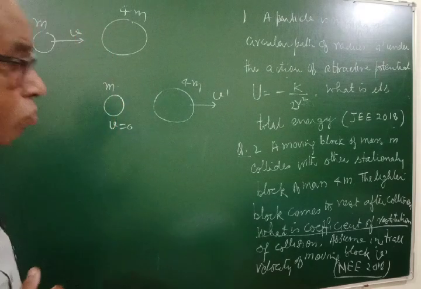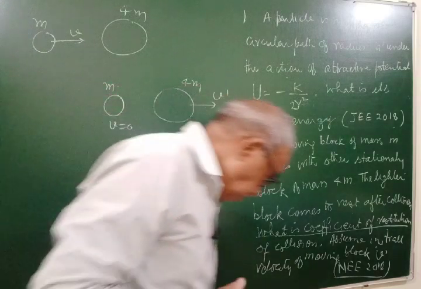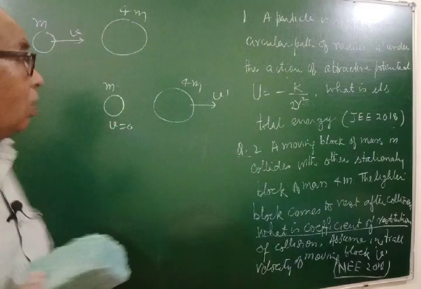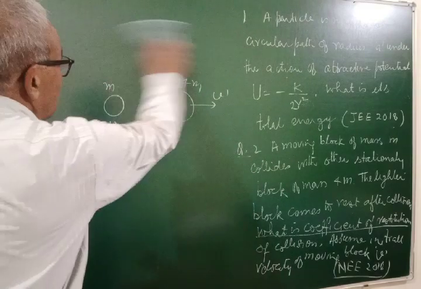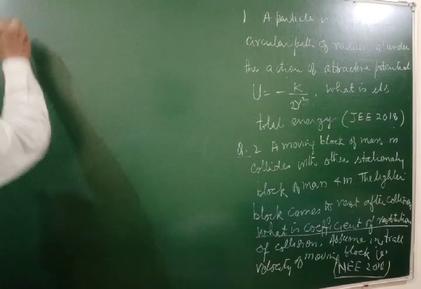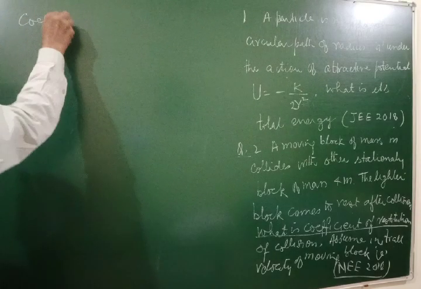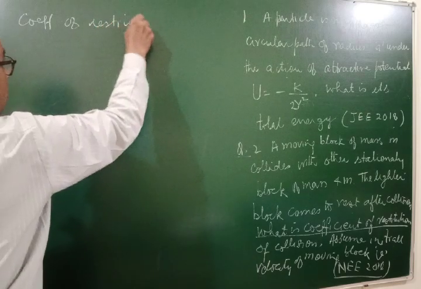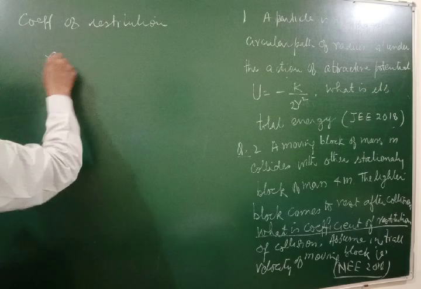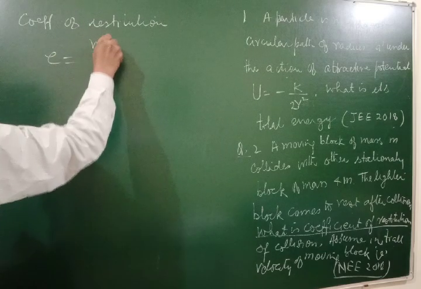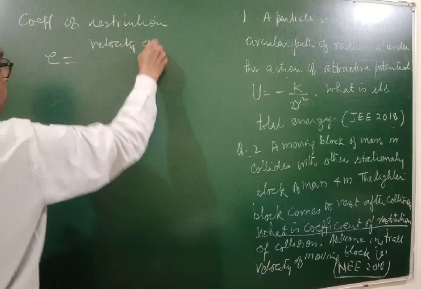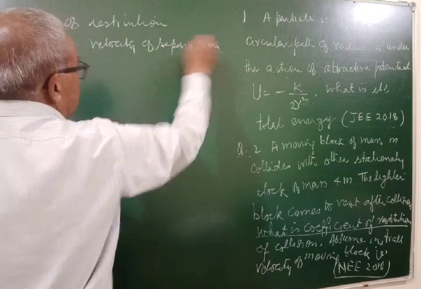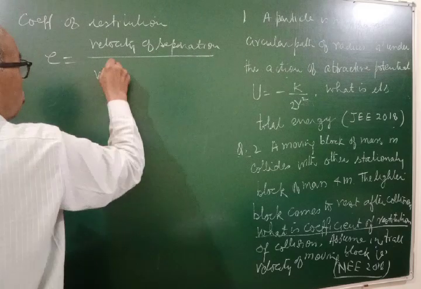It itself tells you the nature of the collision, to what extent the collision is elastic. The coefficient of restitution, we write E, is equal to the ratio of velocity of separation divided by velocity of approach.